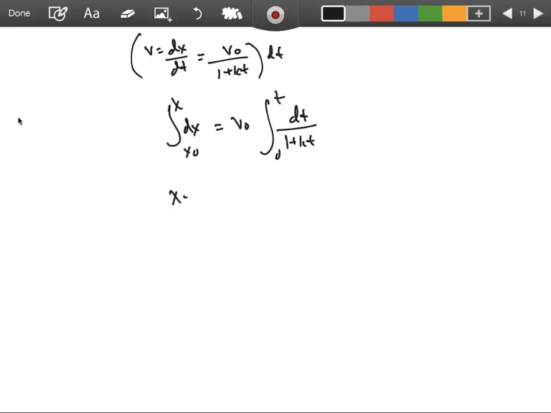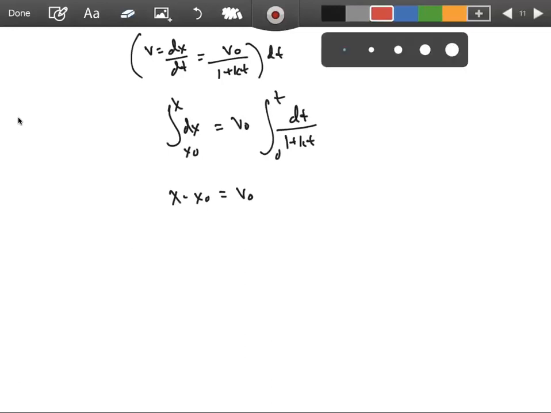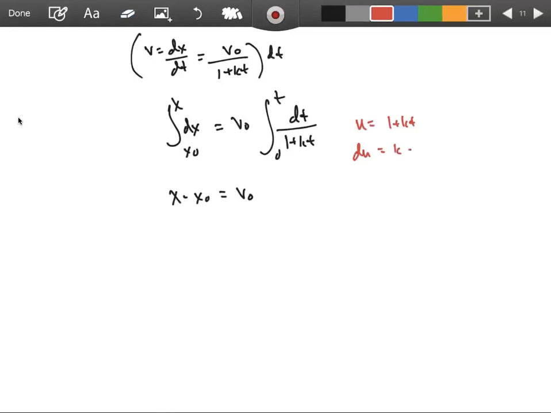The left-hand side, of course, is just x minus x initial, and that's going to be equal to v0 times the integral. In this case, let's use a u substitution. Here I'm going to say u is equal to 1 plus kt, which means du is going to be equal to k dt. So I can replace dt with du over k. So there's my 1 over k integral du over u, and now my bounds. When t is equal to 0, u is simply 1.